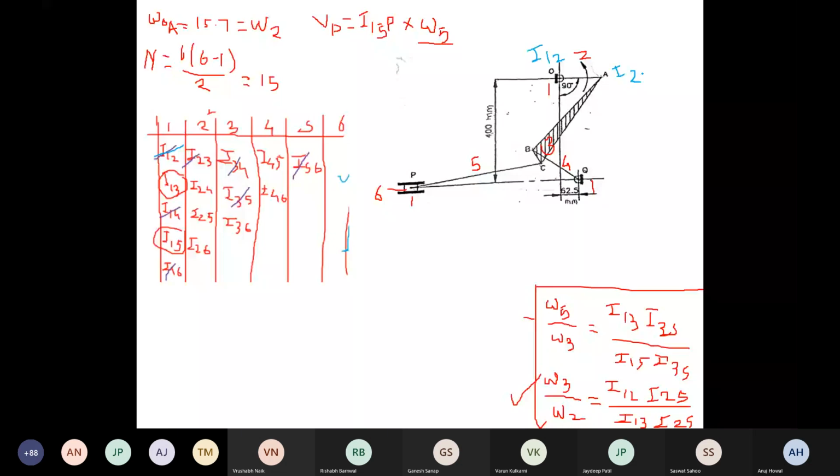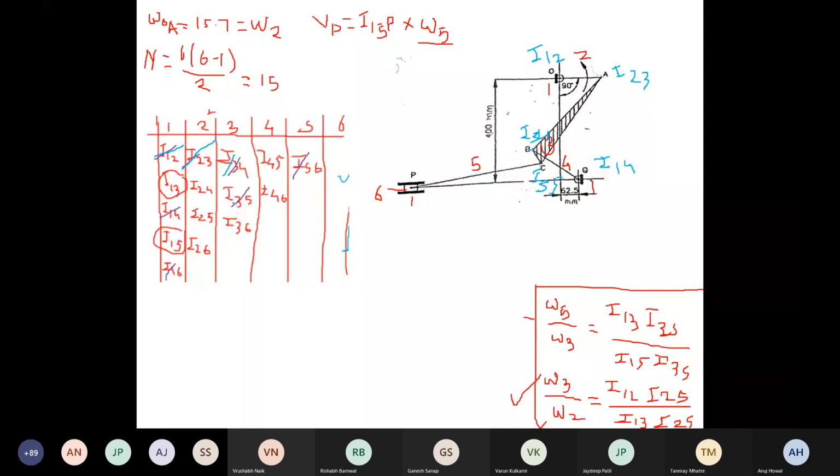Then at B you will get which ICR? I34. Correct. Then at C you will get which ICR? I35. Correct. Then at Q you will get which ICR? I14. Correct.